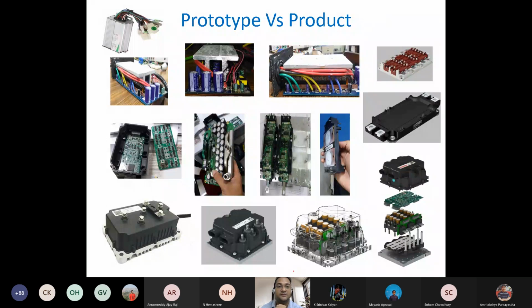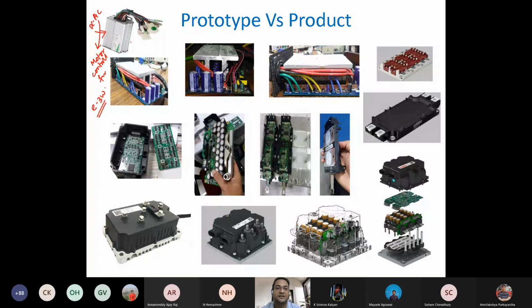This one is an example of a DC to AC converter, which is used as a motor controller for an electric three-wheeler. You see those three-wheelers, Toto, TomTom, or e-rickshaw, whatever you call it, right?